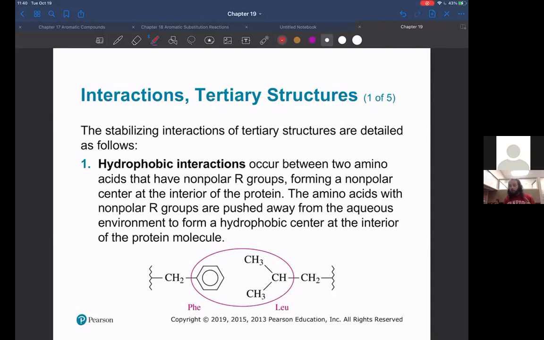Those nonpolar amino acids don't want to be touching the water. So instead, they'll fold in on themselves and interact with one another and not with the water on the outside. So these take place between nonpolar R groups, and they tend to take place at the interior of the protein.